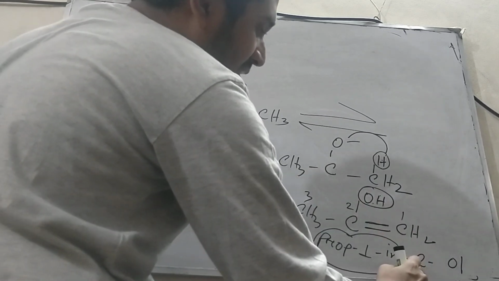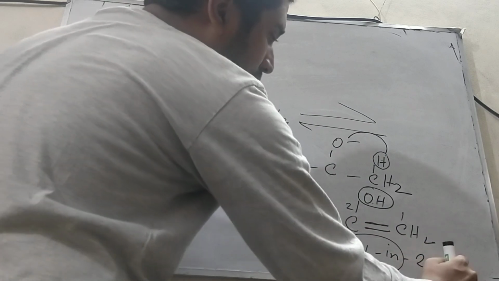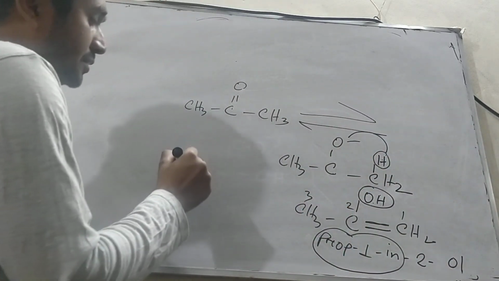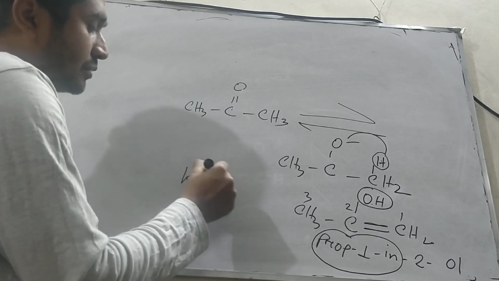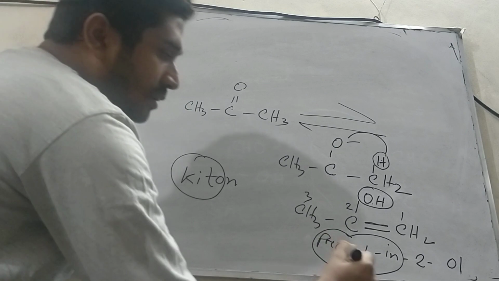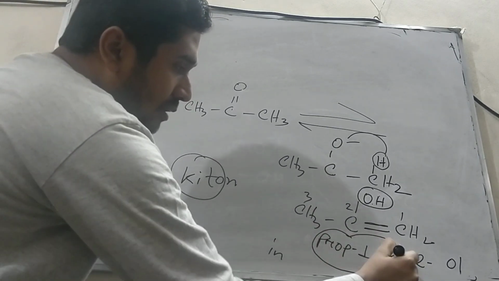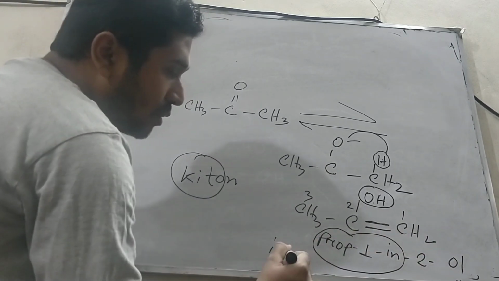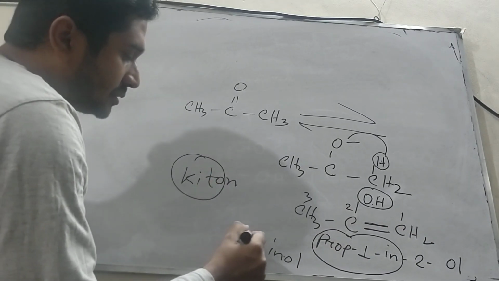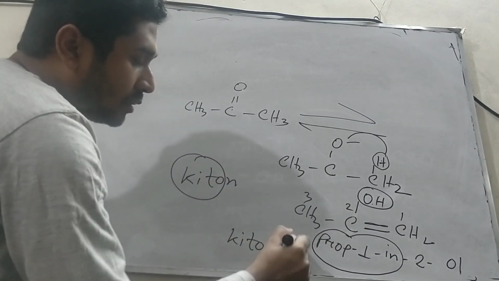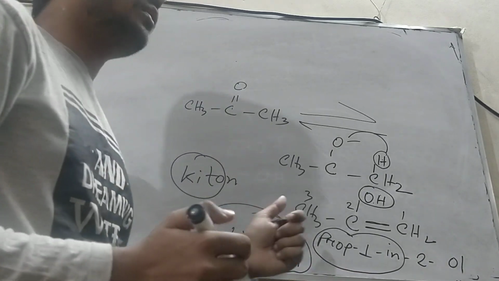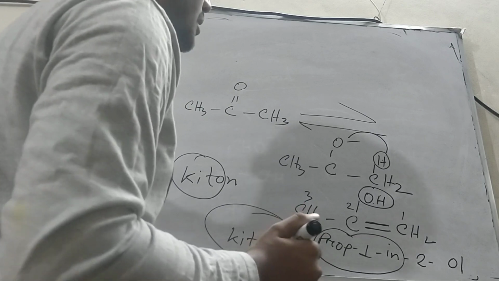That's why it has been said 2-ol. Ol means the short form of alcohol. And there is also ketone. So keto-enol, it's said keto-enol tautomerism, and shortly it's called tautomerism.